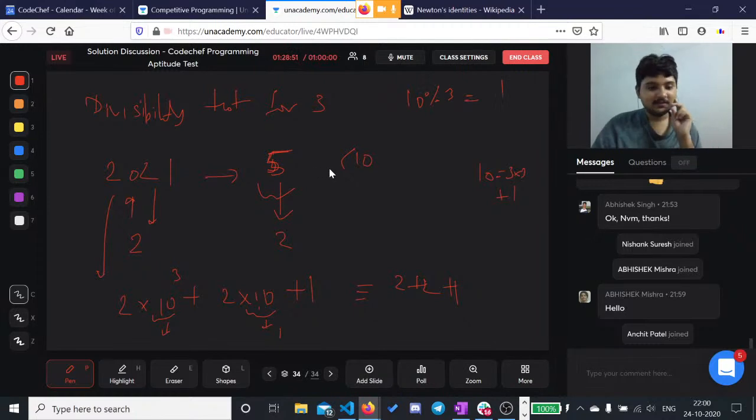So you can extend this to other bases as well. Instead of base 10, the question asks about base 16: what numbers could you test for divisibility using similar procedures? If 16 modulo y is 1, then you can do the same procedure.